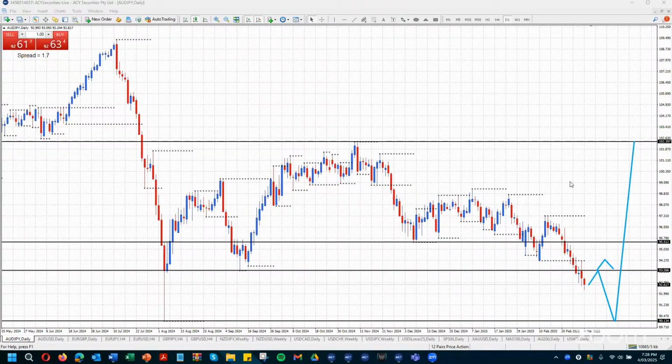become? Because of this big move down last year, there are some imbalances in here that may need to be filled. I'll just put one in.